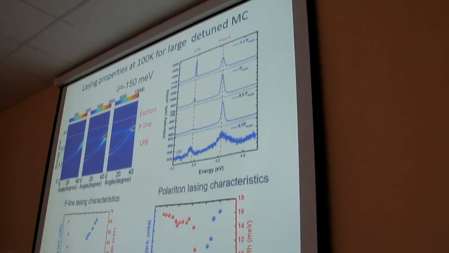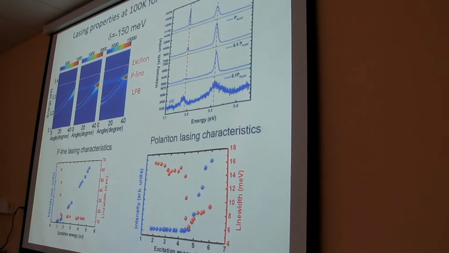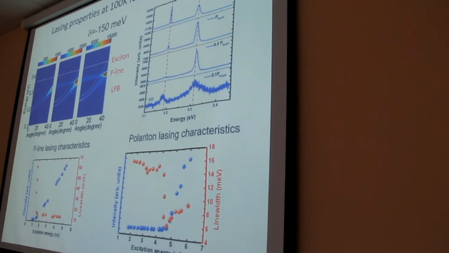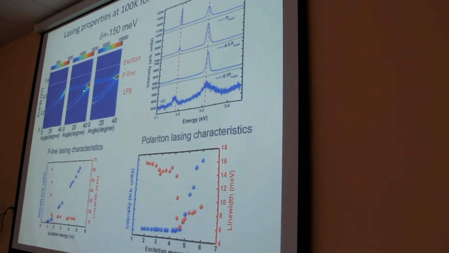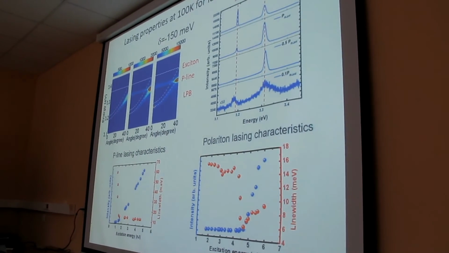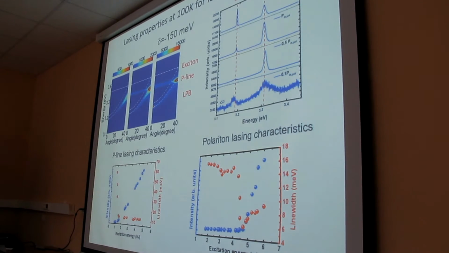This is the P-band, and this is the lower polariton branch. As you can see, in the beginning the P-band will lase, and then the lower polariton lases. So here is the light-in, light-out curve of the P-line lasing characteristic and the polariton lasing characteristic.